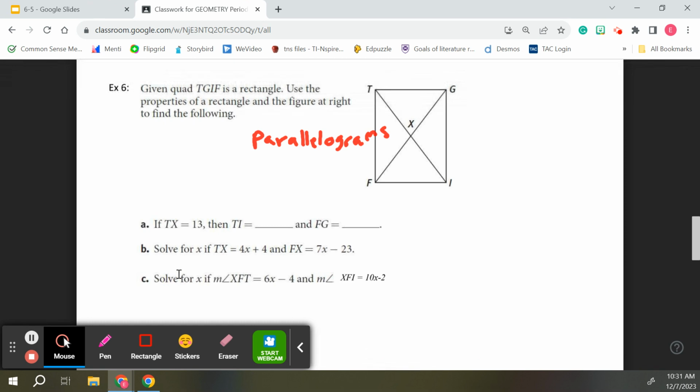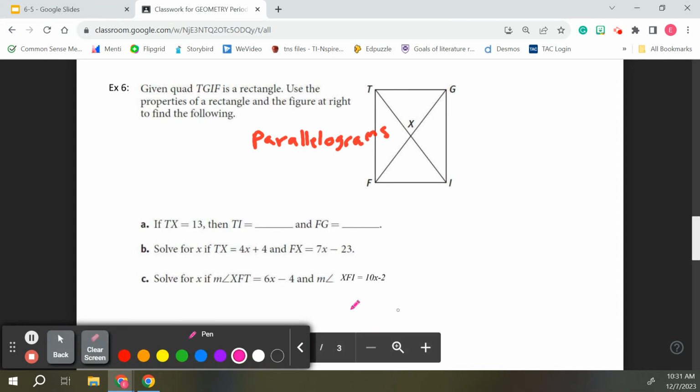Okay, the next one says solve for x if the measure of angle XFT equals 6x minus 4 and the measure of XFI is 10x minus 2. So they're talking about this one right there is 6x minus 4 and XFI, this guy right here, is 10x minus 2.